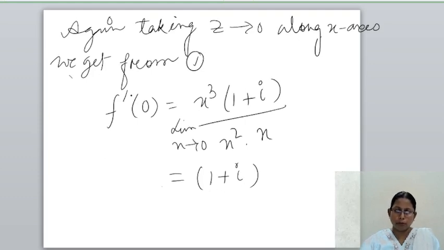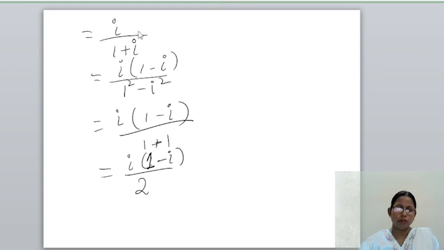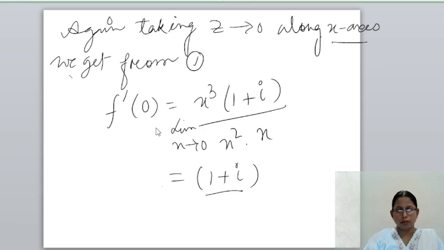Since the value of f'(0) along the x-axis is this value, and along y equal to x is this value, that is, the derivative is not independent of the path. The limit does not exist independent of the path.